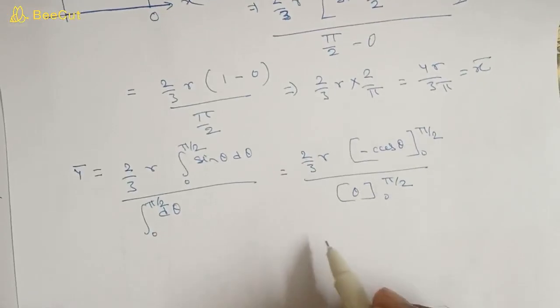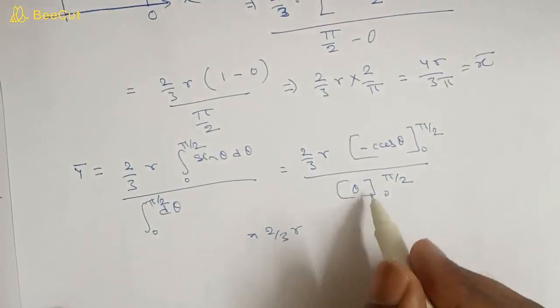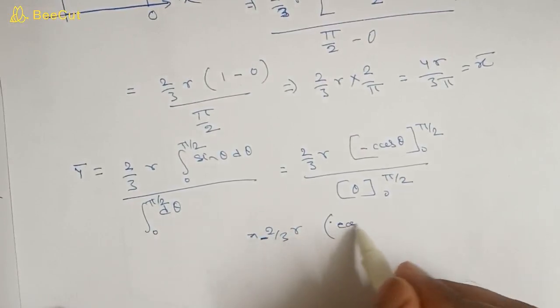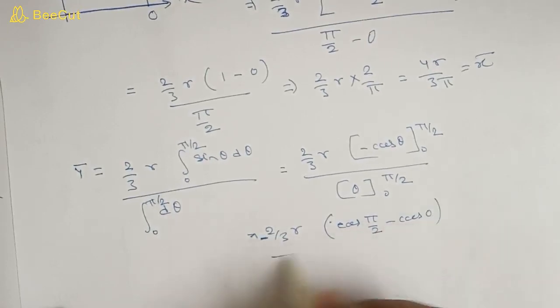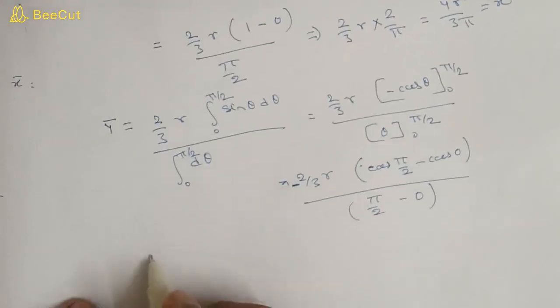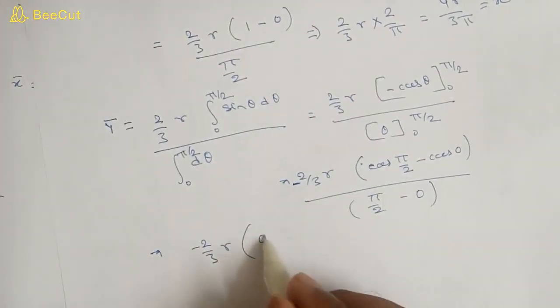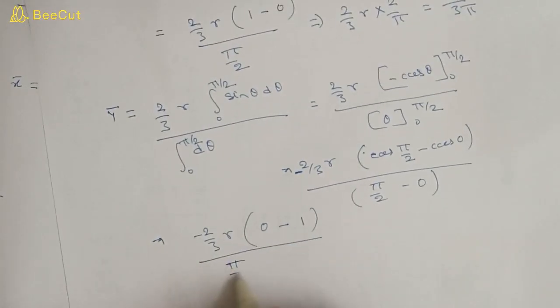So we will get 2 by 3 r and minus cos theta, which becomes minus cos pi by 2 minus cos 0, divided by pi by 2 minus 0. So we will get minus 2 by 3 r, and cos pi by 2 is 0, and minus cos 0 is 1, divided by pi by 2.